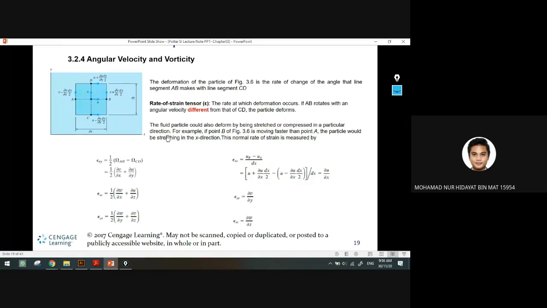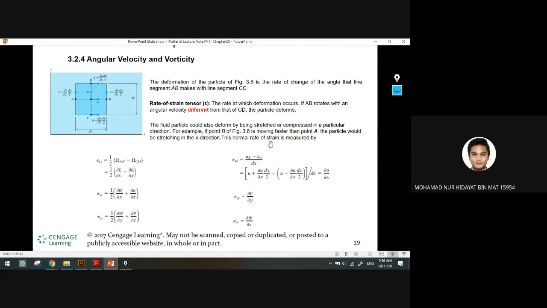The fluid particle could also deform by stretching or compressing in a particular direction. For example, in figure 3.6, this figure, if point B is moving faster than point A, the particle will of course be stretching in the X direction.